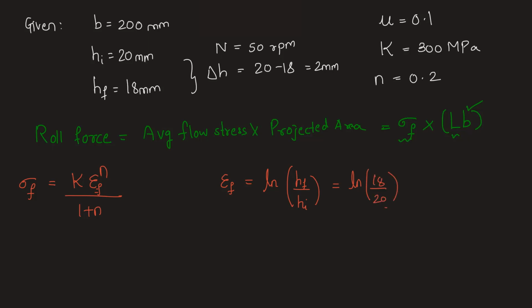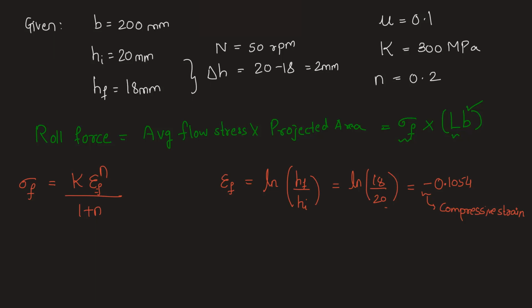This when calculated gives us minus 0.1054. Strain has no unit, it's a pure number. Here the negative sign is just indicating that this strain is compressive in nature. So it's indicative of the nature of the strain. We don't have to take it in calculations.